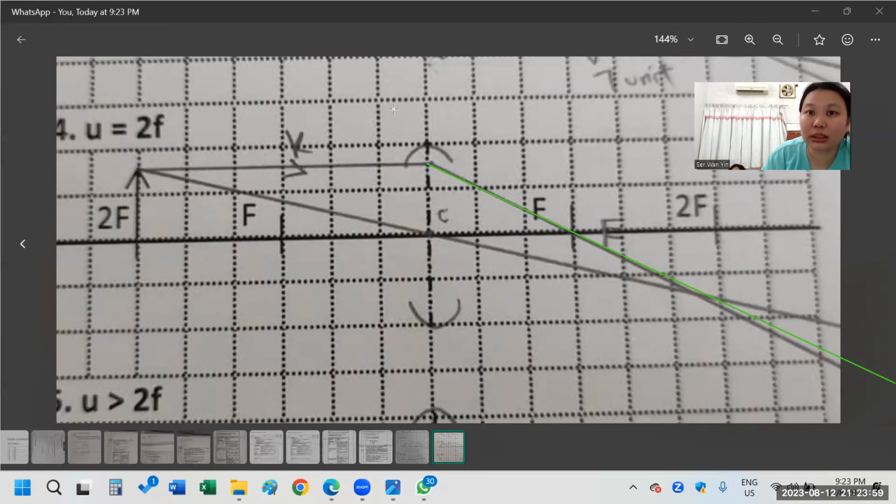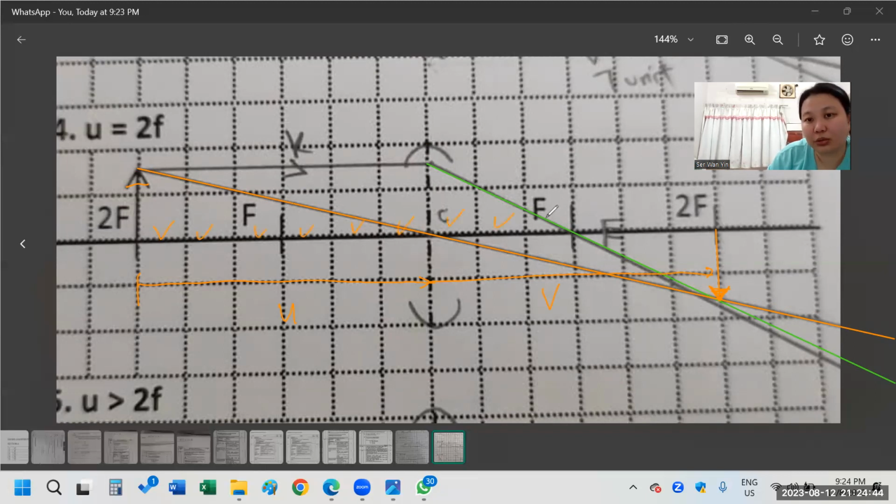Let's see, this one actually should be K, but here, can you see? It must be like that. F. Start from here, this point. Yes, a little bit different. Then the next would be orange, F. Can you see? Actually, they intersect on the 2F. This means when the object is on 2F, this is u, and this is v. 1, 2, 3, 4, 5, 6.